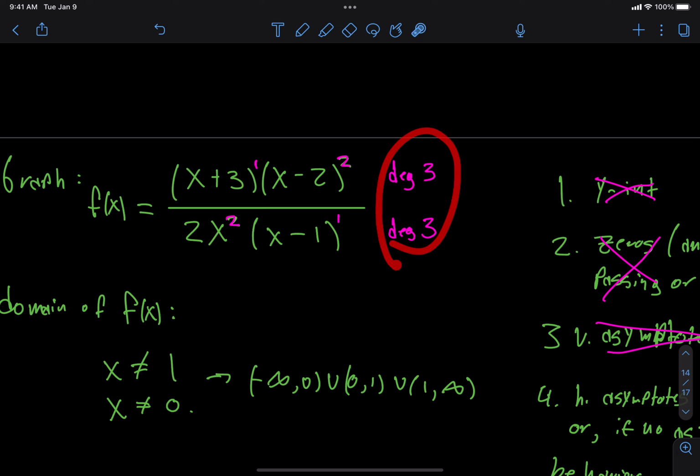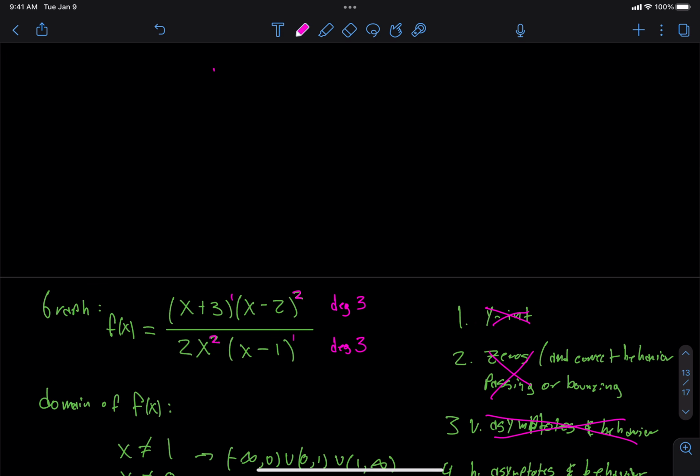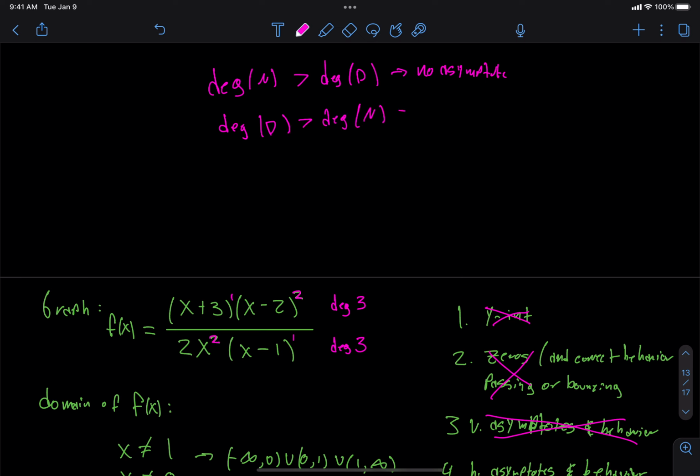The degrees are the same. This means we are going to have a horizontal asymptote. If the degree of the numerator is bigger than the degree of the denominator, no asymptote. If the degree of the denominator is bigger than the degree of the numerator, then what's going to happen?